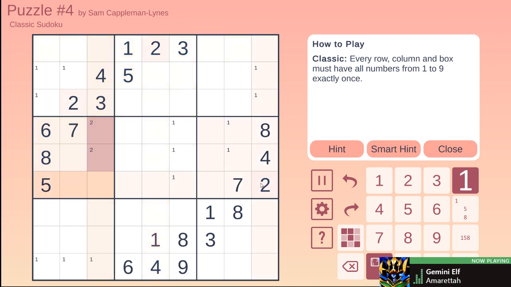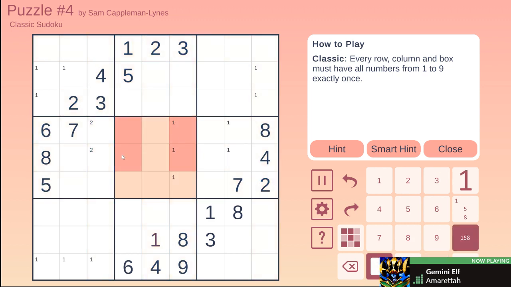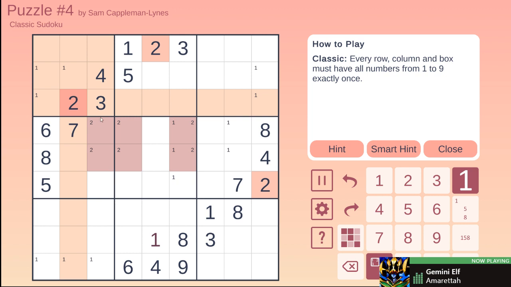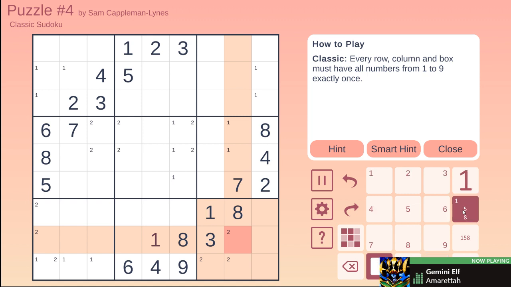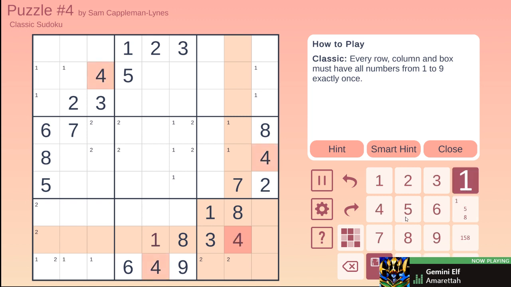2 is one of those and one of these. It also has to be in one of these. 2 down here has to be in one of these. 4 down here has to be here, which restricts things.